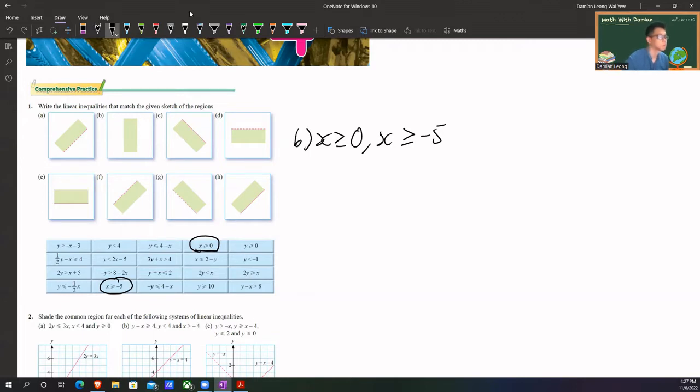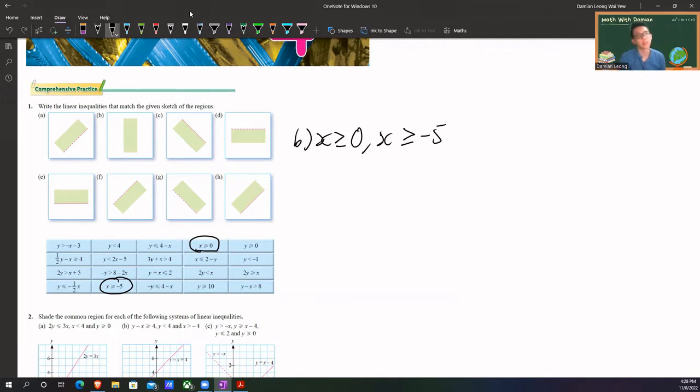Then we look at part A. You notice the A has dotted lines, whereas if you compare with H, it looks pretty much the same, but H has a solid line. So what's the difference there?